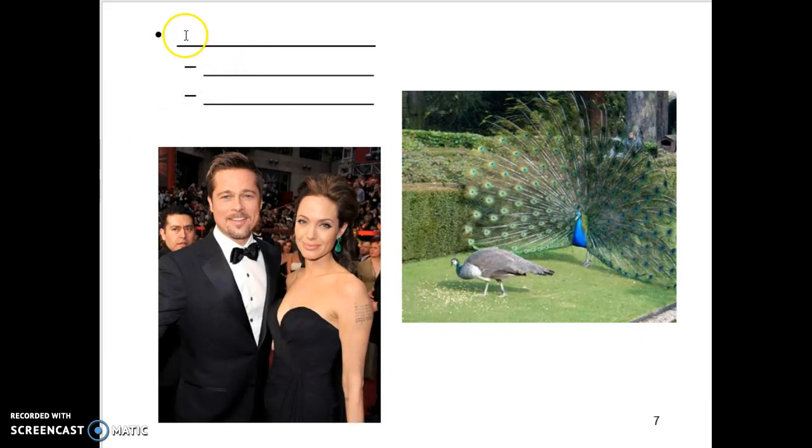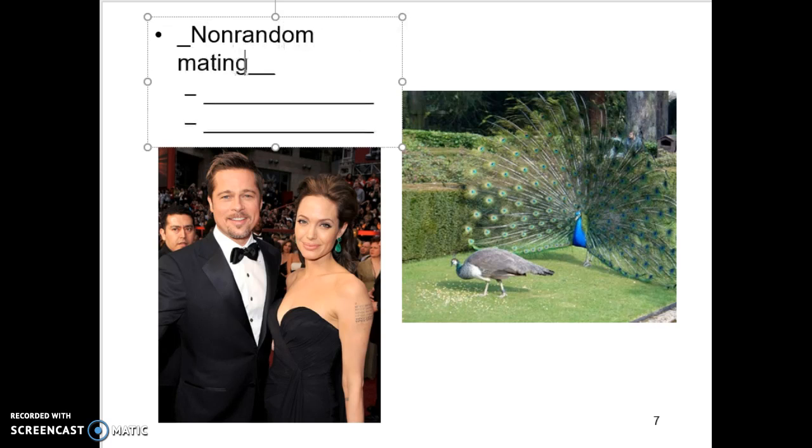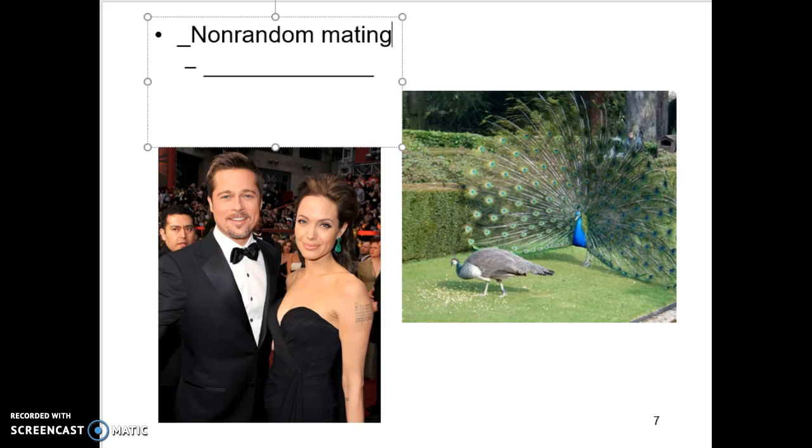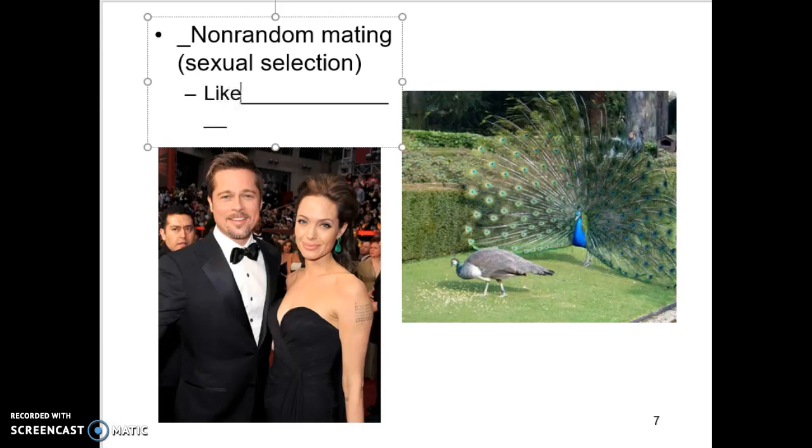Third variable, non-random mating. Unfortunately, Brad and Angelina, probably should take them out and put a different picture in there. But you think about non-random mating. It's also known as sexual selection. And this only applies, obviously, to species that reproduce sexually. But likes tend to mate with likes. So guys, probably not going to have a chance with Angelina. Ladies, probably not a chance with Brad. Likes tend to mate with likes.